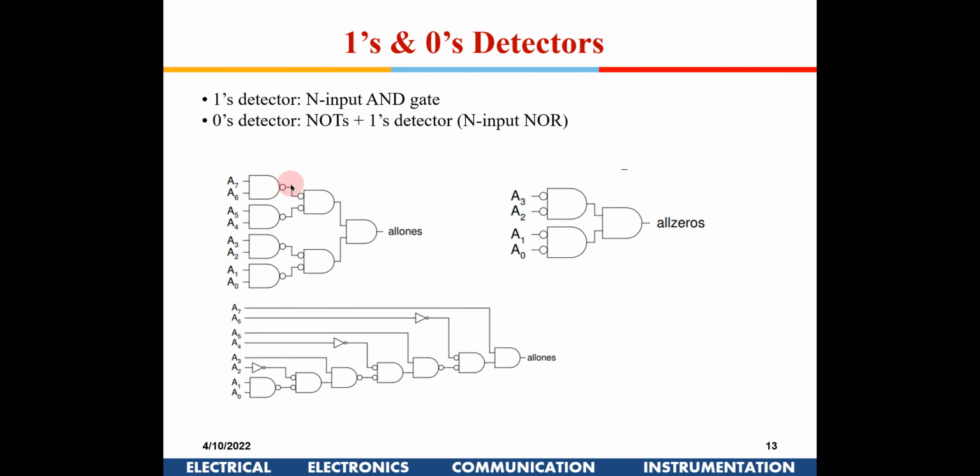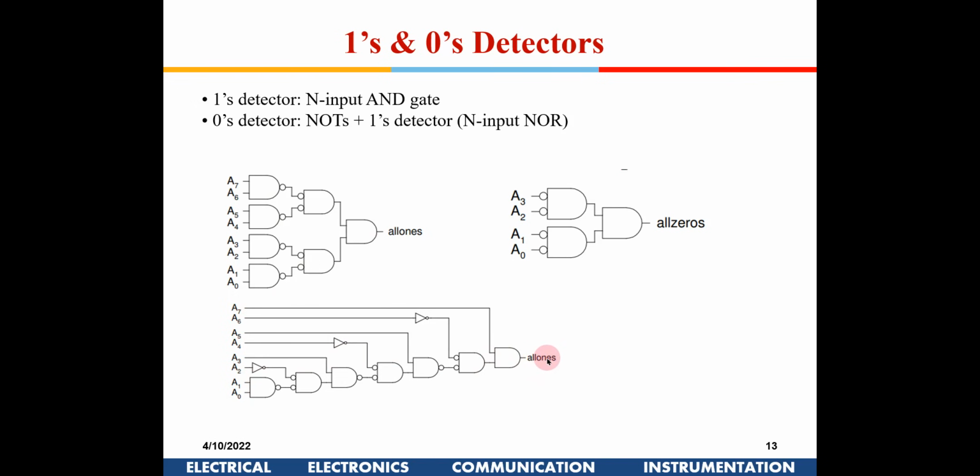So if you see here, this is an all ones comparator. This is actually an AND of everything, right? We have just put some bubbles here, and to offset those bubbles, bubbles have been placed here. Essentially this is all AND gates. So all ones is nothing but an AND operation of all the bits.